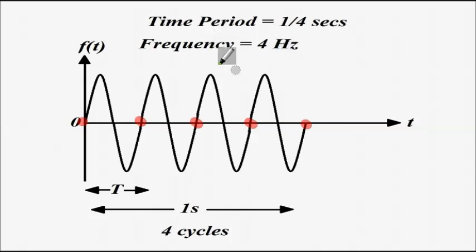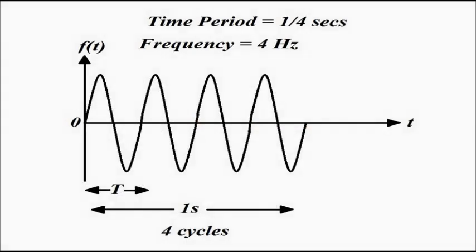So time period will be the reciprocal of frequency, which is 1/4 seconds. It means that in 1/4 seconds it is completing 1 cycle. So this T here is 1/4 seconds. In 1 second it is completing 4 cycles. So this is about time period and frequency.